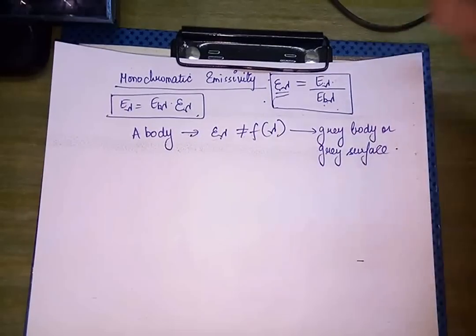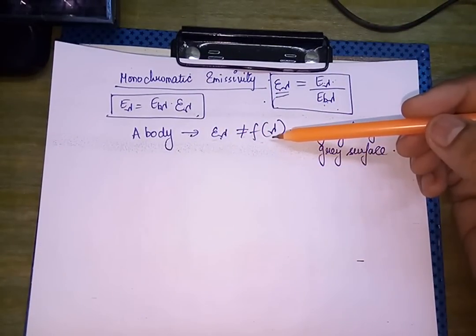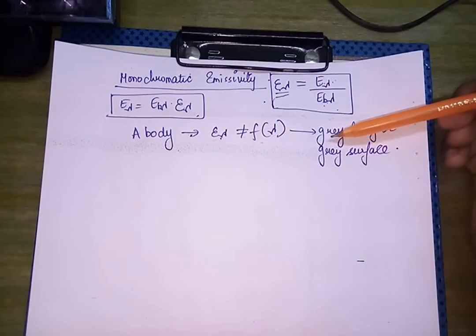So a body in which its monochromatic emissivity does not depend upon its wavelength will be called a gray surface or gray body.